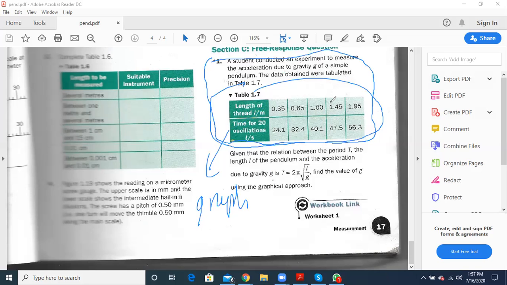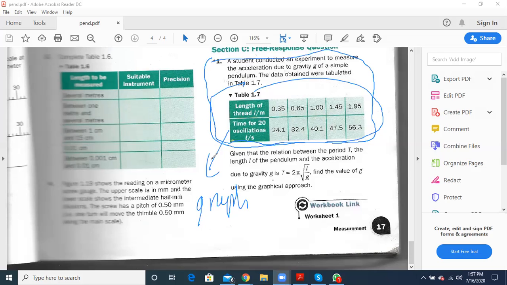Curved. Why curve? Because we just learned that when we make a graph of time period versus length, we get a curve graph. And if we take the square of T, then we will get a linear graph of T square over length.